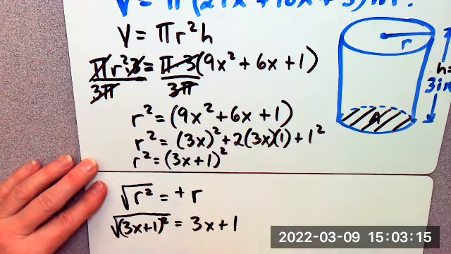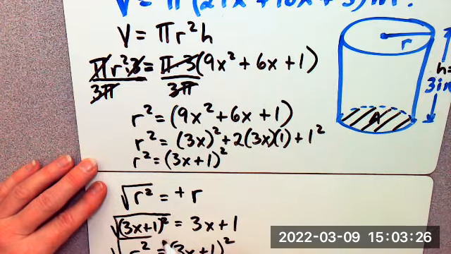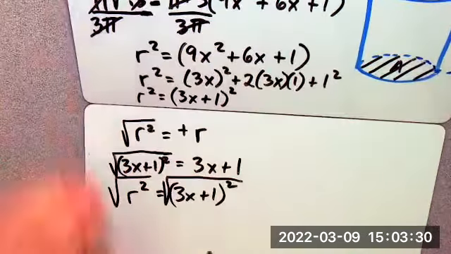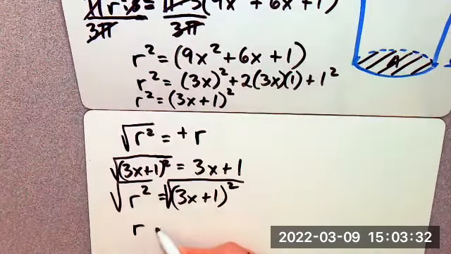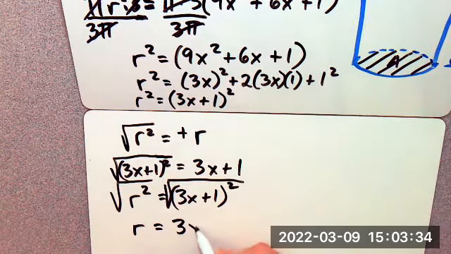All right, so when we take the square root of this, r squared equals (3x plus 1) squared, so we just do this to both sides, we get r equals 3x plus 1.